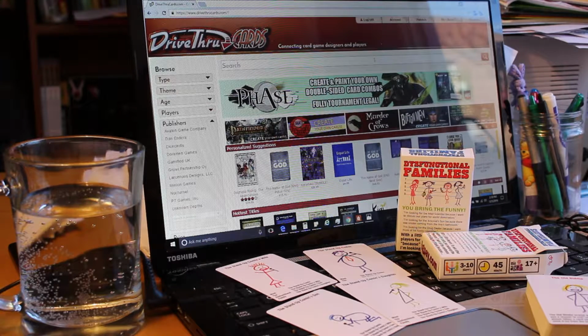Now, to achieve those kind of retail prices, your printing cost has to be much lower, something in the ballpark of maybe 20% of the retail price. So if you're trying to retail it for $15, then you want to be getting the copies for around $3 or less each.